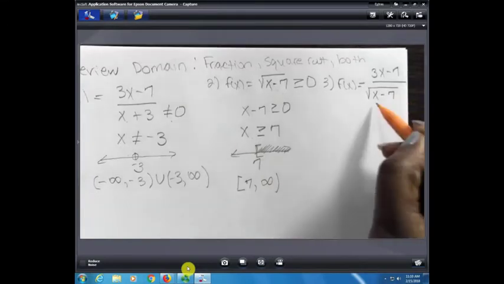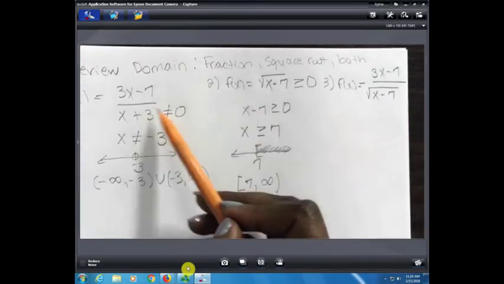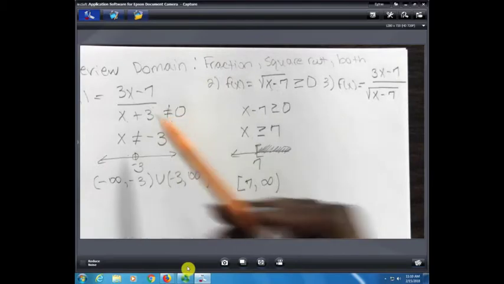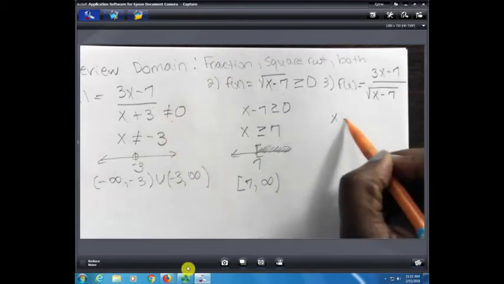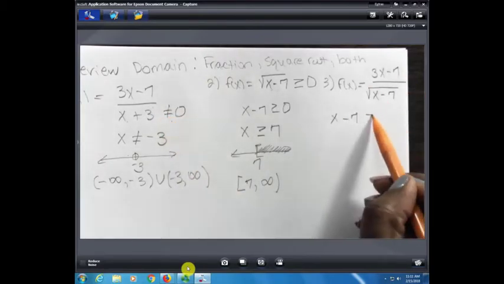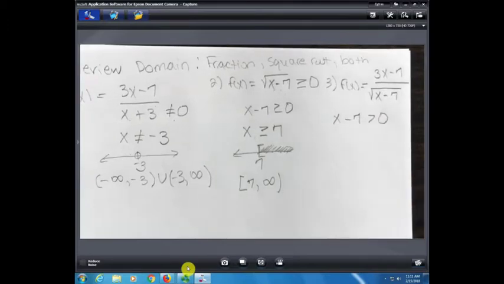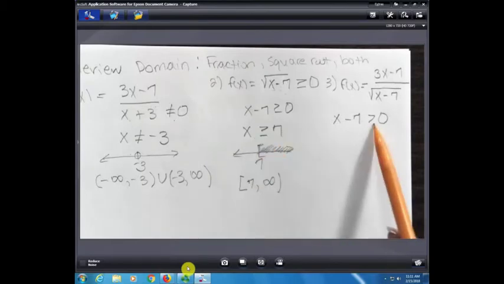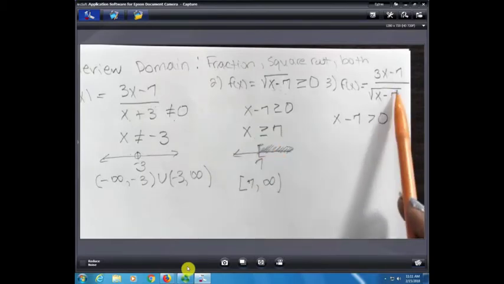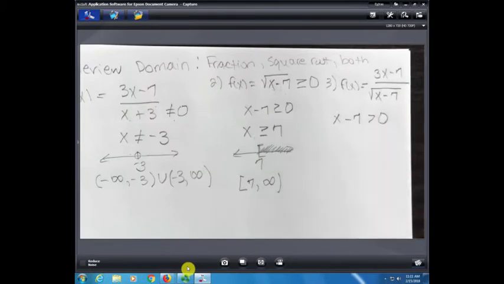So this one exactly cannot equal 0, because again, fractions cannot equal 0. So I'm going to take my x minus 7, but this time we're just going to be greater than 0, not equal to 0. But greater than 0. Because again, I cannot equal 0 here because I can't get a 0 in my denominator.